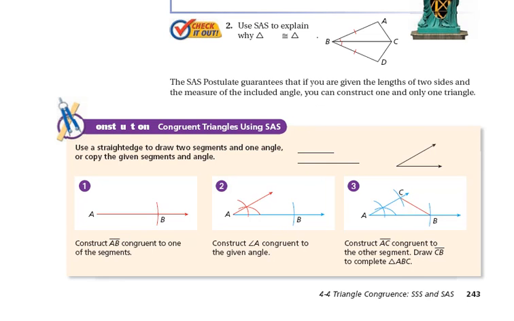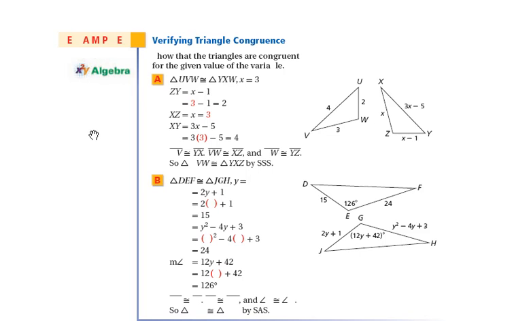What I want to get to real quick is this example right here, and I want to make sure that I talk about this because this involves some algebra as well. What we're looking at here are two triangles that are congruent, and we want to make sure that we're matching up the right sides for each triangle.